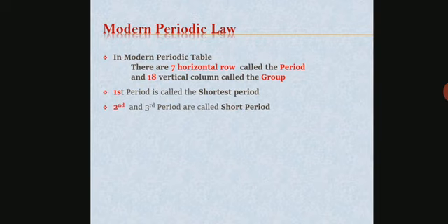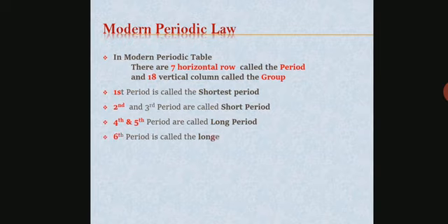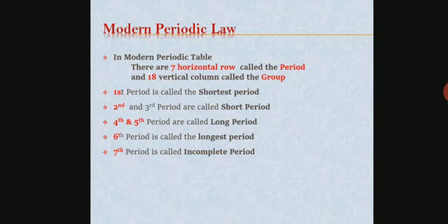The second and third periods, which contain 8 elements each, are called the short periods. Then the 4th and 5th are called the long periods, and the 6th, which contains the lanthanides, is called the longest period. And the 7th, which contains the actinides, is called the incomplete period. So these are the different names given to different periods.